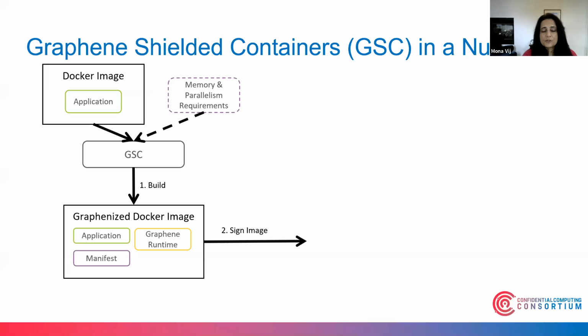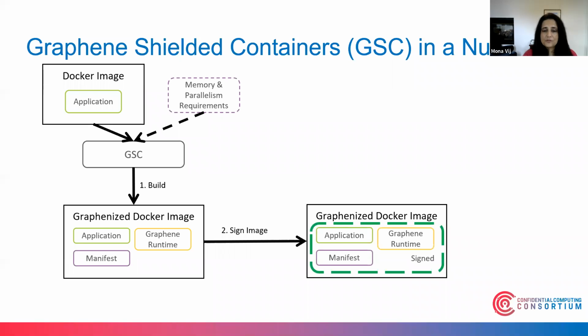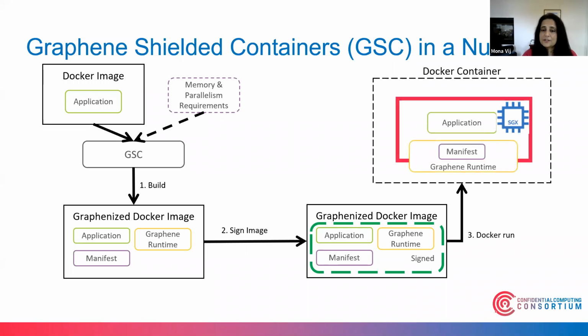So GSC also takes this graphenized Docker image and creates a signed application within this graphenized image. And then this image is handed over to the Docker runtime. As far as the Docker runtime is concerned, it's still running a Docker image, but as part of the startup, Graphene would create an enclave and host the whole runtime and the application inside a Docker container.